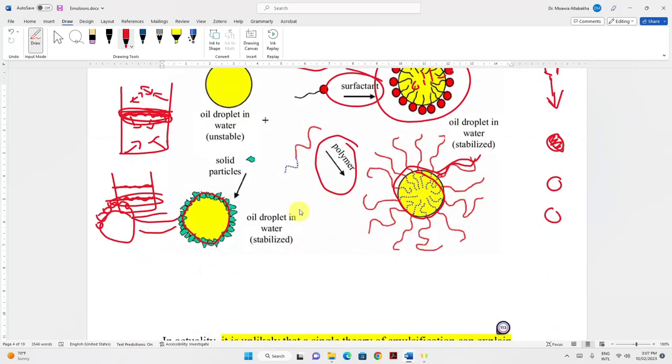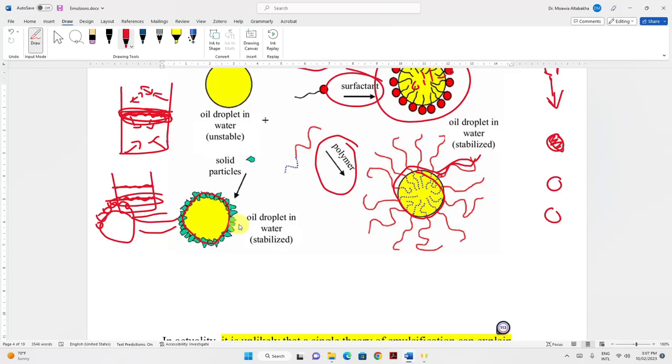Okay, what type of emulsion will you produce? Of course, it depends on the solid particles, whether they love water more or oil more. But another factor which is very important here is the proportion of oil. Usually if the oil proportion is high, then it will be water in oil emulsion.